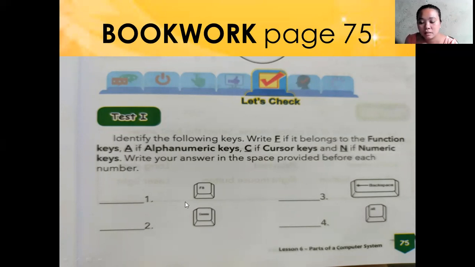Next, number 2, delete. Next, number 3, backspace. Number 4, alt.